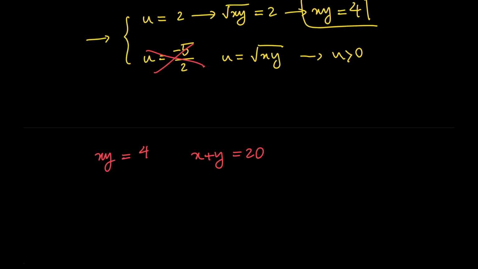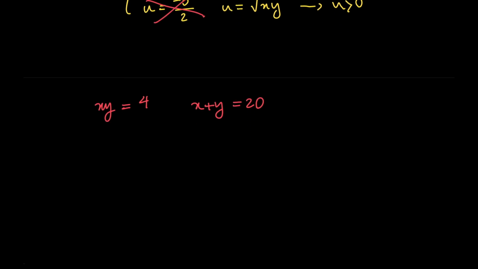To do that, I'm going to write either of x or y in terms of the other one. So I'm going to use the second equation, x plus y equals 20, and write y in terms of x. I'm going to write y as 20 minus x. And then I'm going to use this and replace y in this one to solve for x.